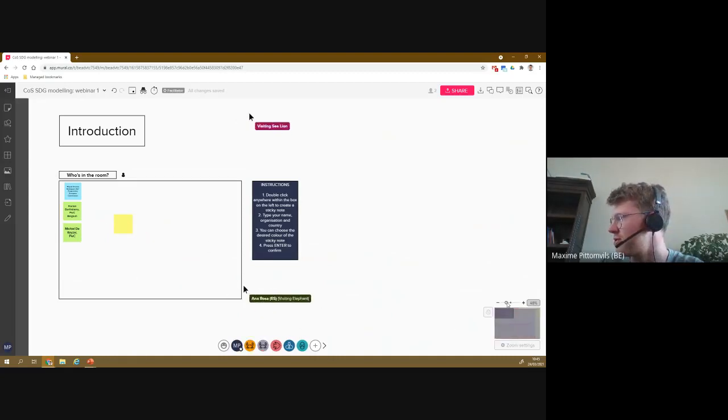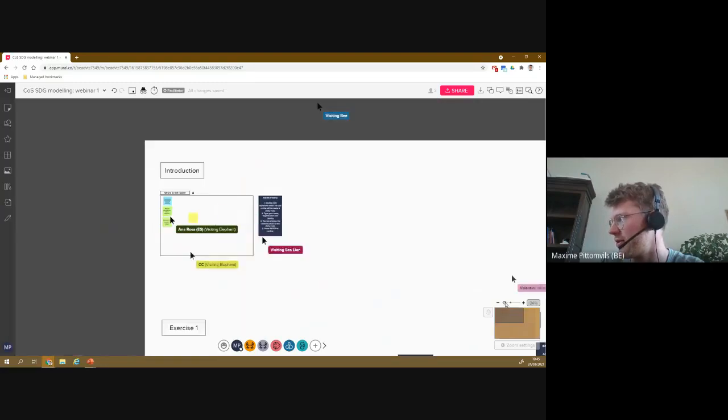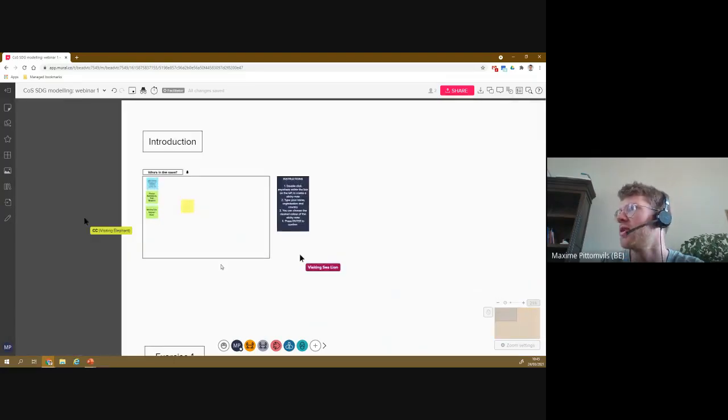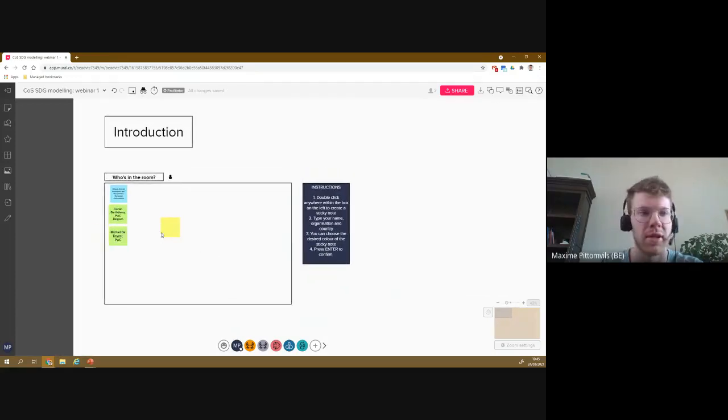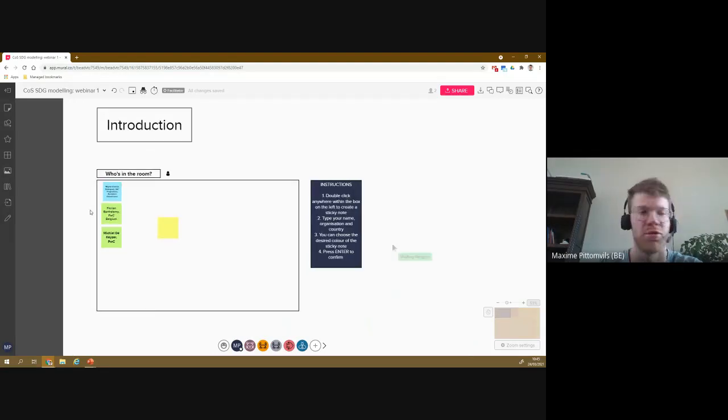You can also use the zooming on the right bottom. It's also possible. So now I expect everybody to be in the introduction part. We will do a short tour de table. So who's in the room?